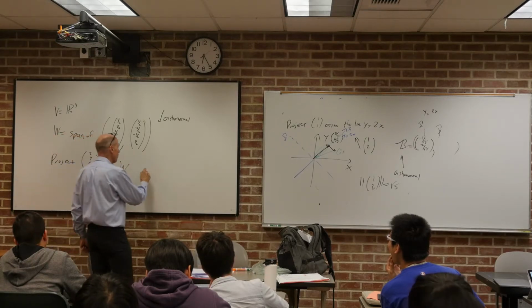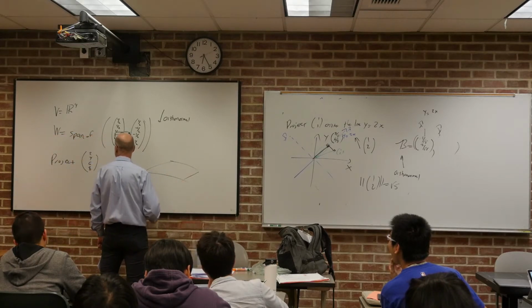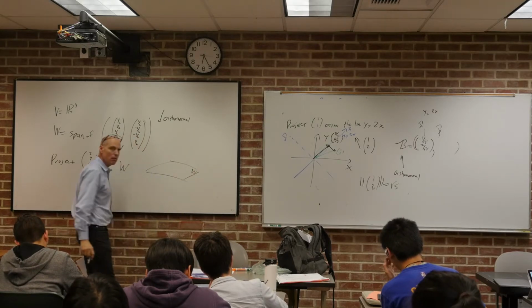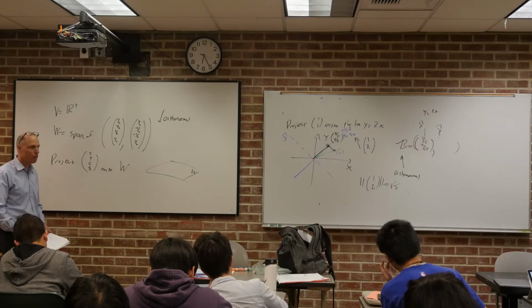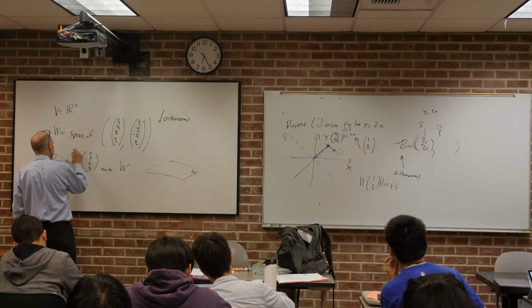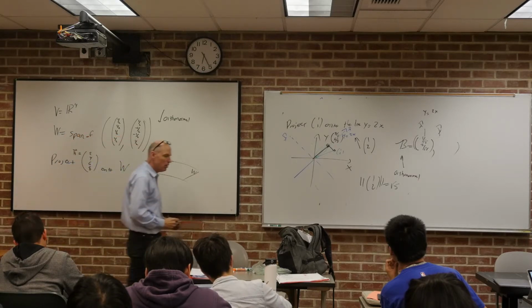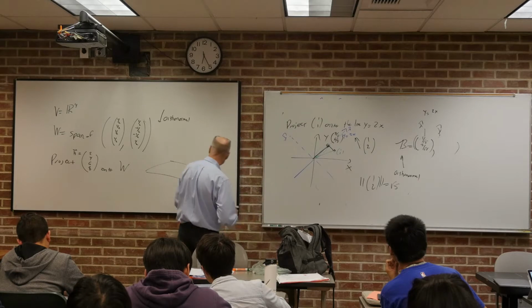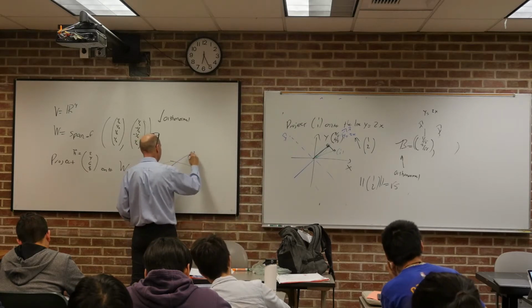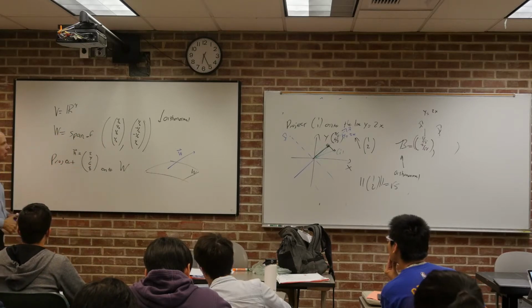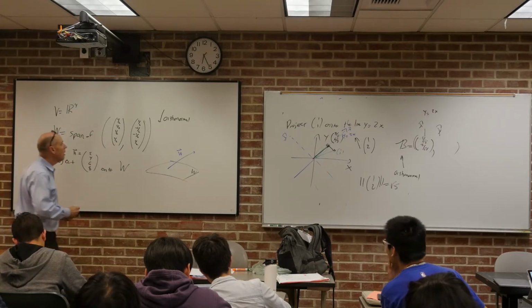Let's do a good picture. So here's W, which I'm thinking is some subspace of R4. I've got my vector w out here.